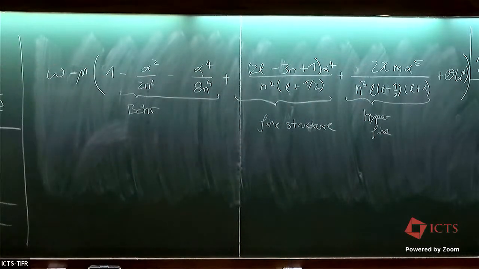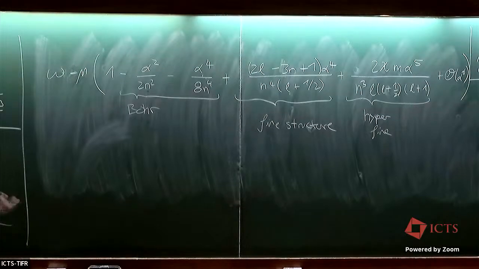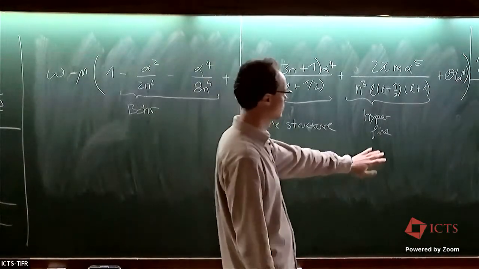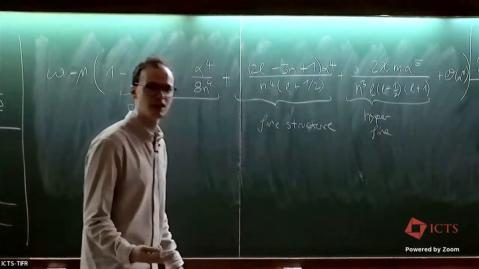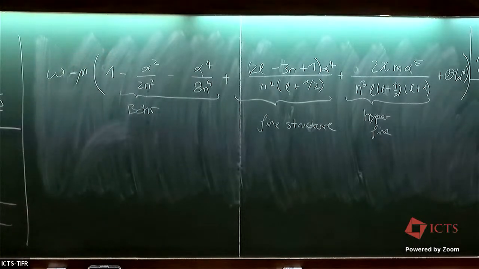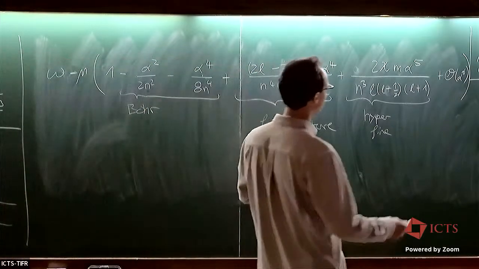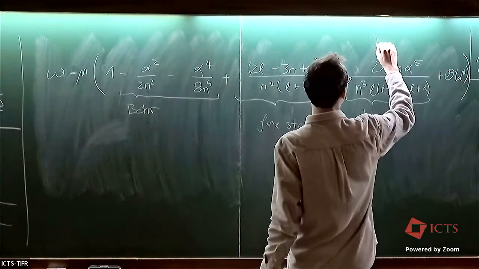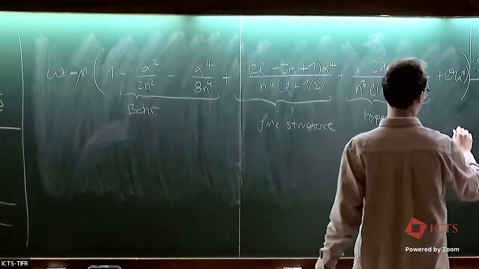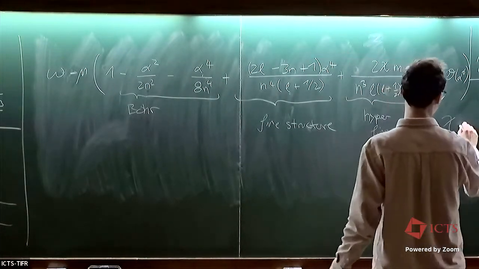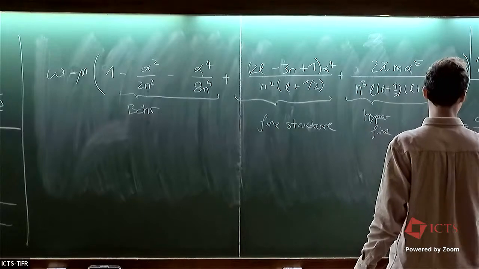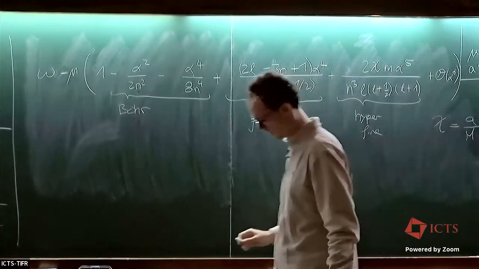But of course, this is a bit nebulous because the hyperfine structure in the case of the hydrogen atom emerges from some spin-spin interaction. But here we have a scalar field, so it doesn't even have a spin. And so it doesn't make a lot of sense to talk about spin-spin interactions. But on top of that, I forgot to define something. This chi that emerges here is just the dimensionless spin of the central black hole.